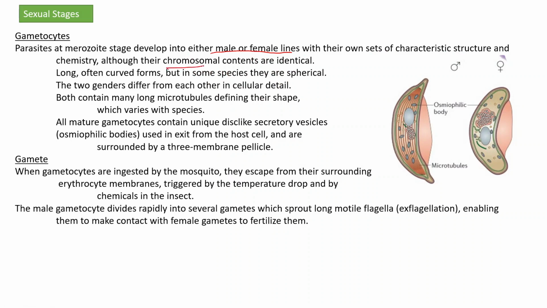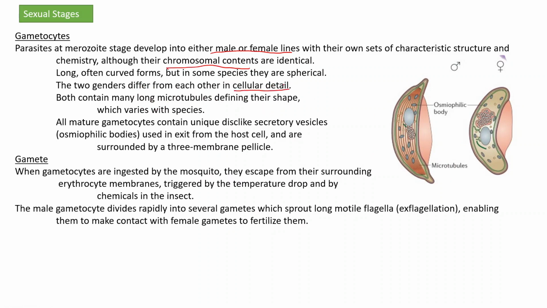Chromosomal content is identical, but structure-wise there will be some difference. Most often they appear as curved forms, but in some species, the gametocytes of some Plasmodium species look spherical.